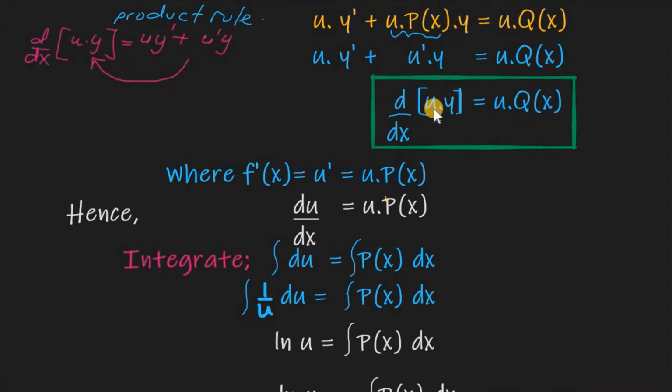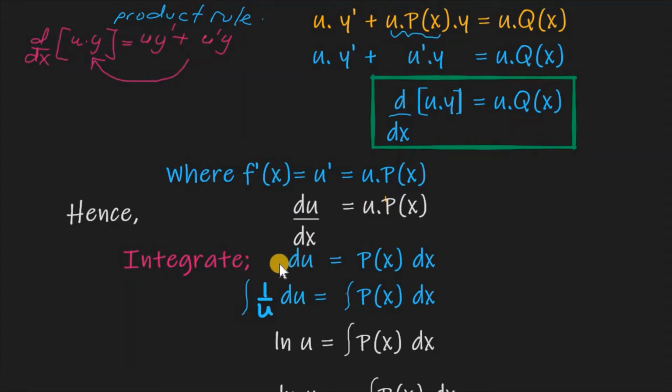So this u times y, which was u y prime plus u prime y, there we recognize that the u prime is actually this function u times p, the function p just now. And u prime is actually du on dx, if you write it down like that.